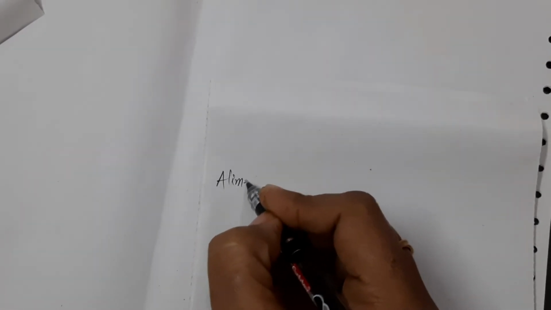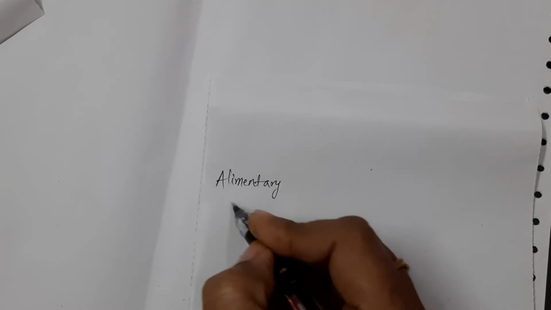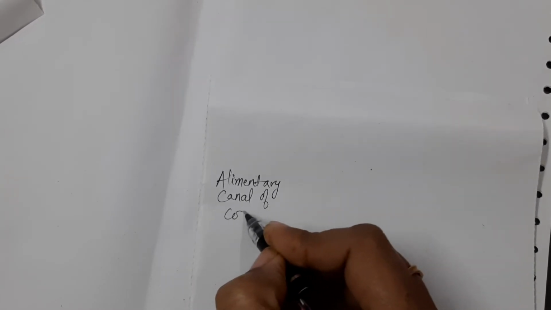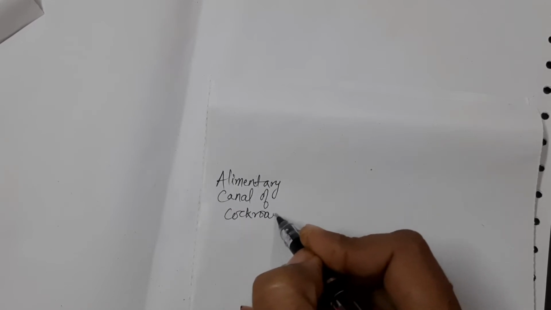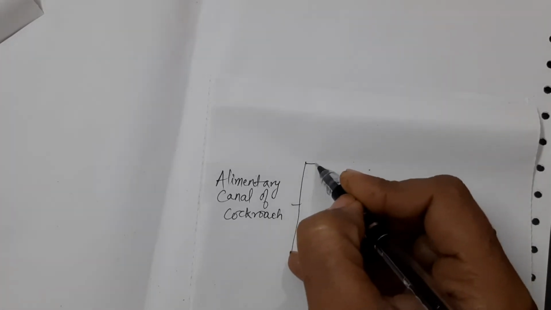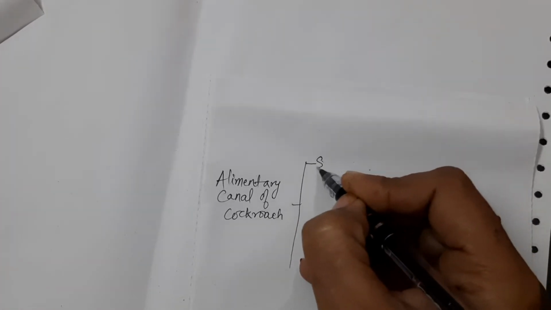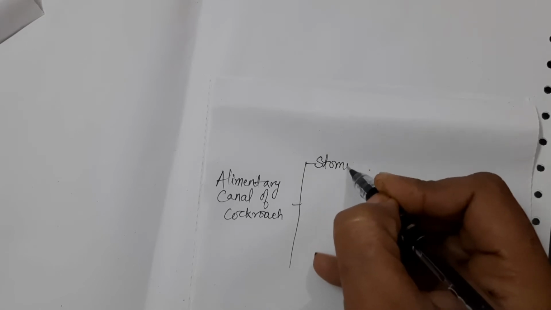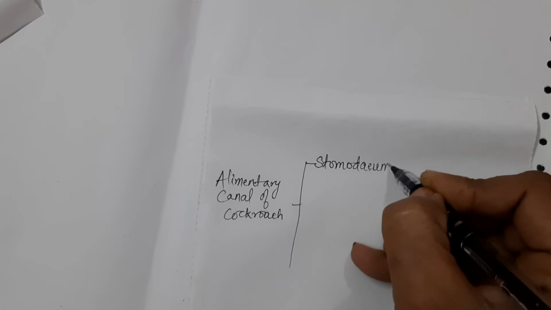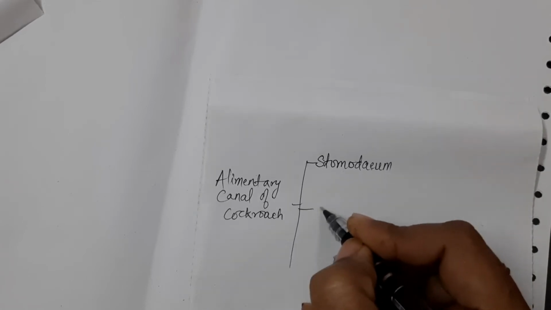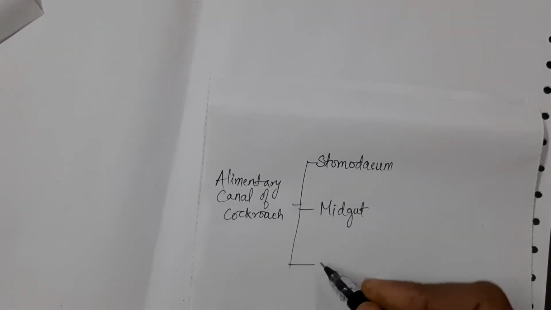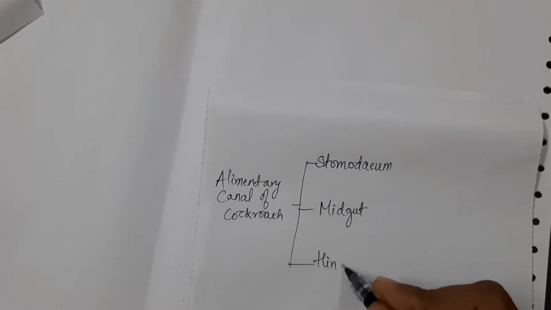The alimentary canal of a cockroach is divided into three sections. The first section is the stomodeum, then next is the midgut, and the last part is the hindgut.